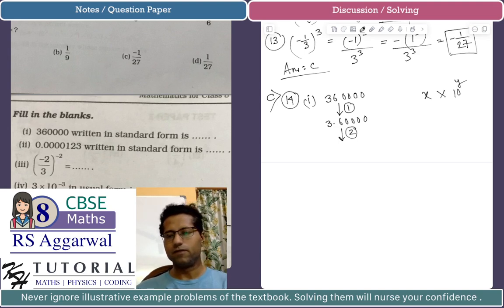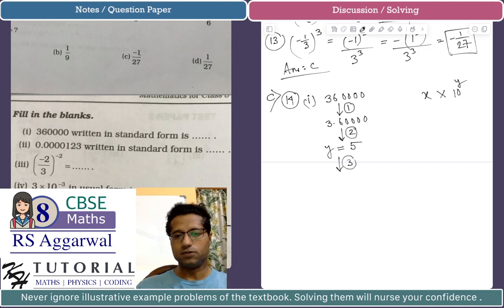After step 2, what will be y? Y will be the number of digits to the right hand side of the decimal point in the number obtained after step 1. So we have after the decimal point the digit 6 and 4 zeros, so the number of digits to the right hand side of the decimal point is 5. Now in step 3 we find x.